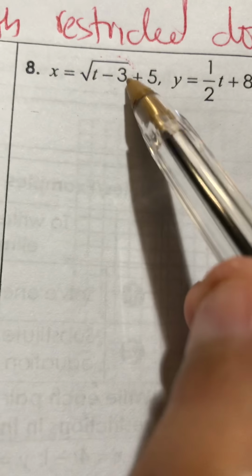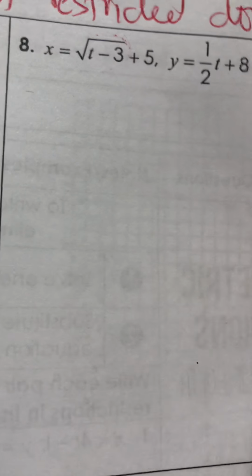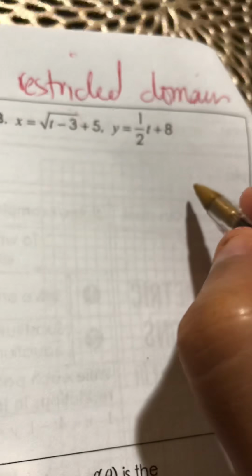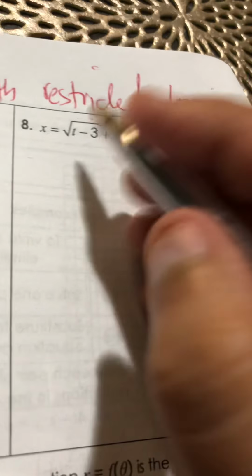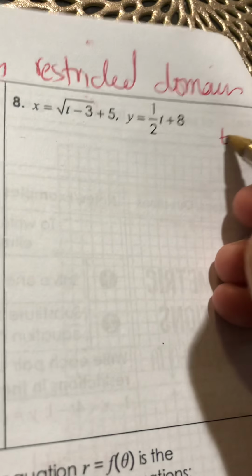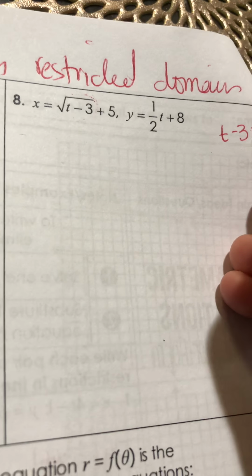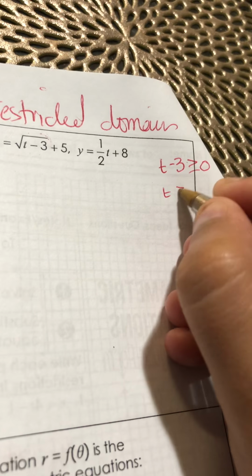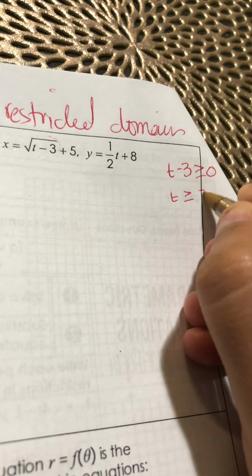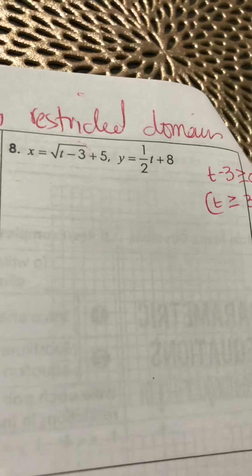Because if inside the square root you get a negative term, this will end up with a complex form. So we know the domain for t is that this part has to be greater than or equal to 0, so t should be greater than or equal to 3.